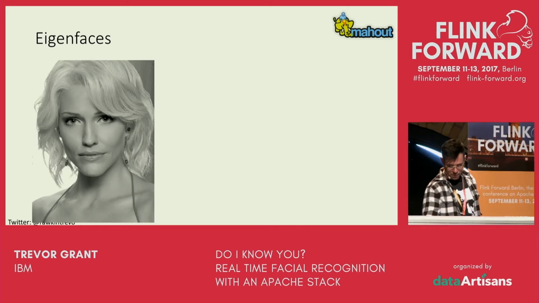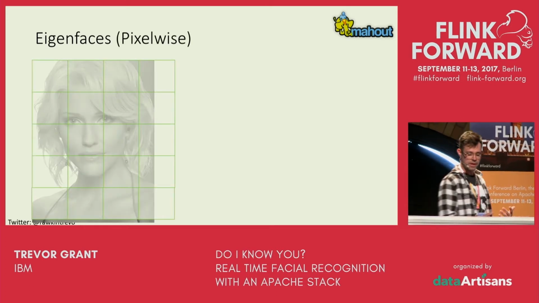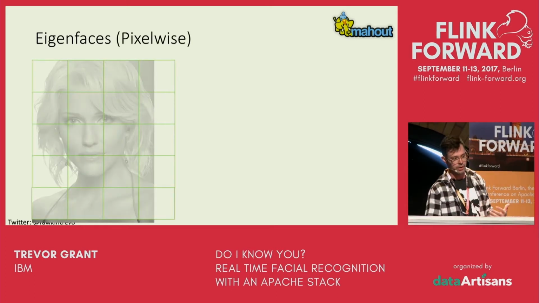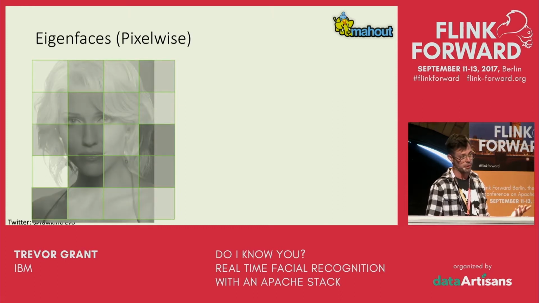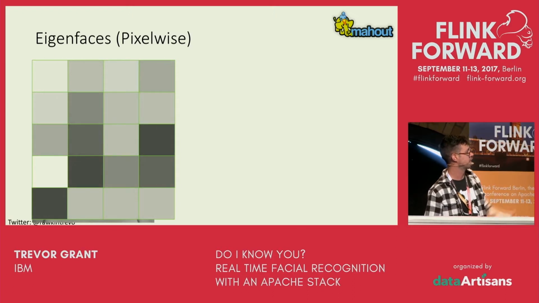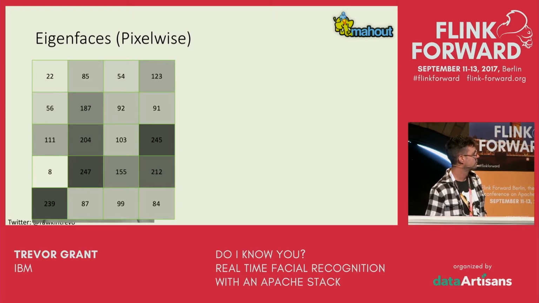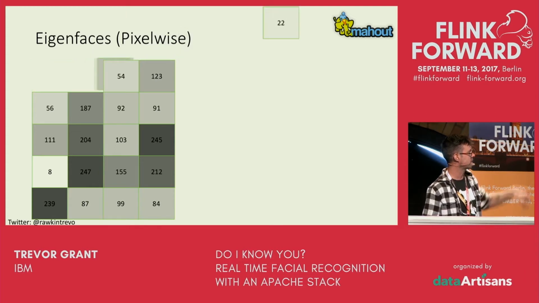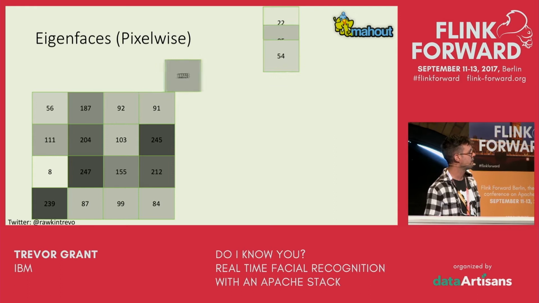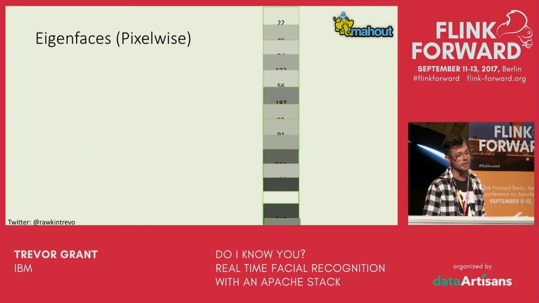We grayscale it. A grayscale image is just a bunch of pixels. All these pixels are black and white, so we can represent each pixel as a number. While that's a matrix, we could flatten that matrix out into a vector.